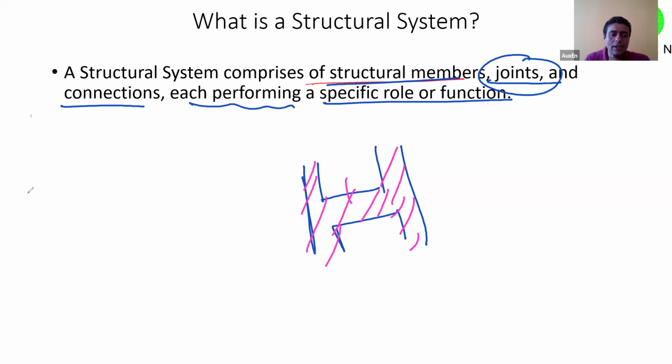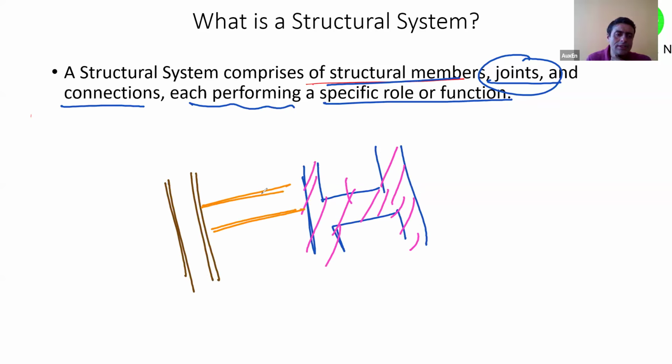In structural steel, we put a lot of emphasis on connections because everything is heterogeneous. Heterogeneous means everything is a separate item and then they are joined together. So in steel elements, connections play a big role. So this is my connection, let's say. This is my beam, this is my column.